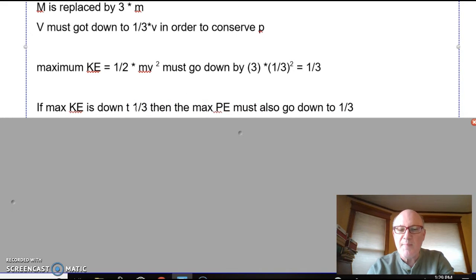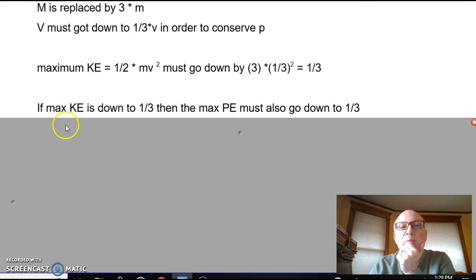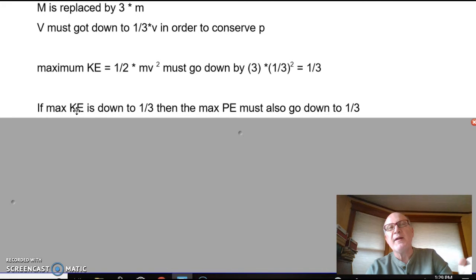Because it's not going down by 1/3, it's going down to 1/3 of its original energy. So why is that? Well, if the maximum kinetic energy is happening right at the equilibrium point, then the maximum potential energy must be happening at either extreme, wherever the amplitude of the motion is greatest.